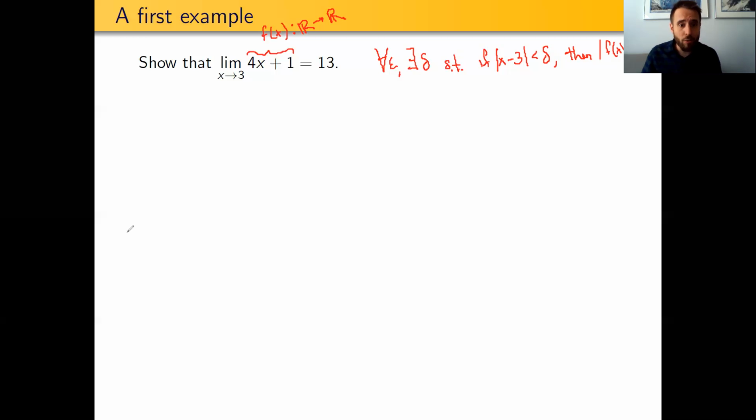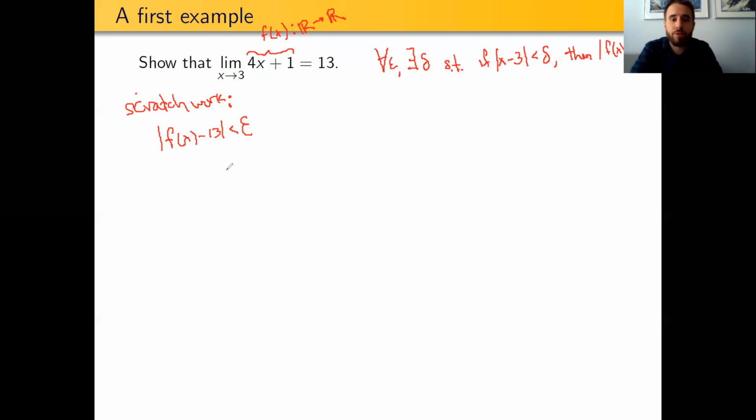To get there, though, we want to do a little bit of scratch work. So let's start with our scratch work. We are trying to end up at the point where absolute value of f of x minus 13 is less than epsilon, right?